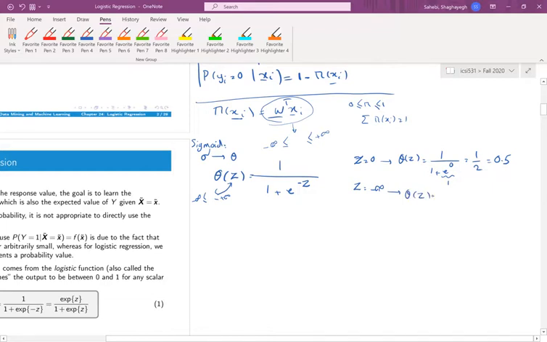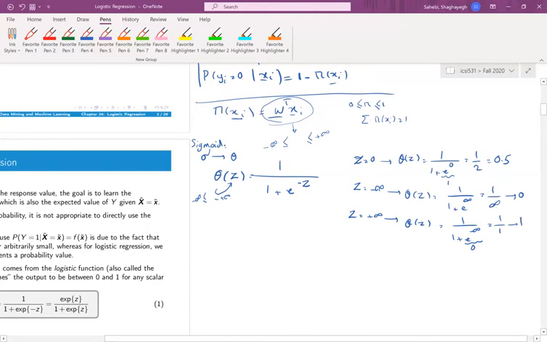Theta of z is going to be 1 over 1 plus e to the negative of minus infinity, which would be infinity, right? e to the infinity is infinity, so we are going to have 1 over infinity, which is going to be 0. So if I am at negative infinity, the sigmoid is going to be equal to 0. What if I'm at plus infinity? Then theta of z is going to be 1 over 1 plus e to the minus infinity. This goes to 0, so I'm going to get 1 over 1, which is 1.